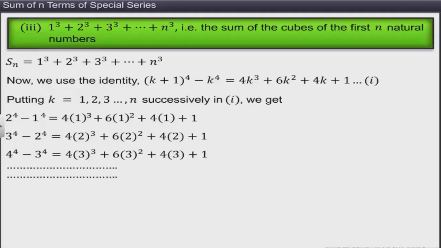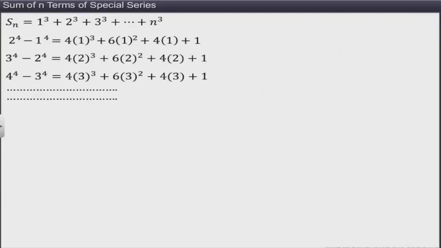On substituting k is equal to n, we get n plus 1 whole raised to the power of 4 minus n raised to the power of 4 is equal to 4n cube plus 6n square plus 4n plus 1.